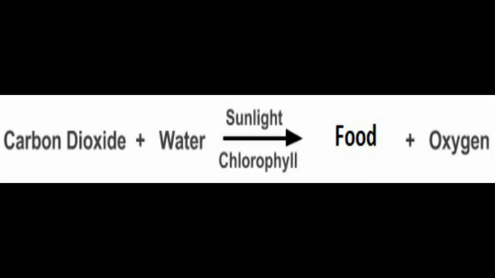That means plants take in carbon dioxide through pores called stomata and absorb water and minerals from the soil through the roots and prepare their food in the presence of sunlight in leaves and give us food and oxygen.